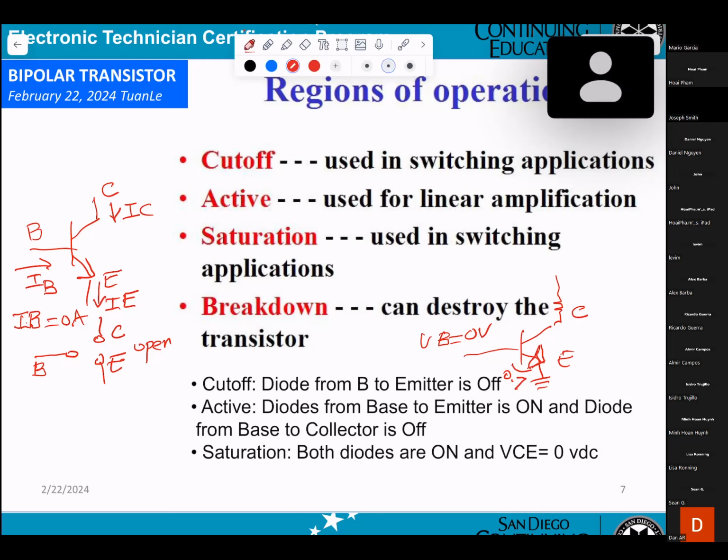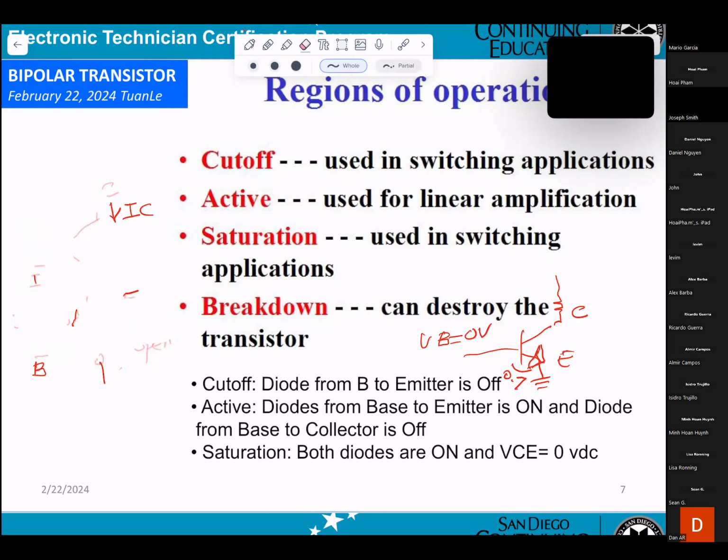If one or both diodes are open, the transistor's not working? That means they open, no current flow. I guess what I'm asking, do you have to have both diodes working for the transistor to work?